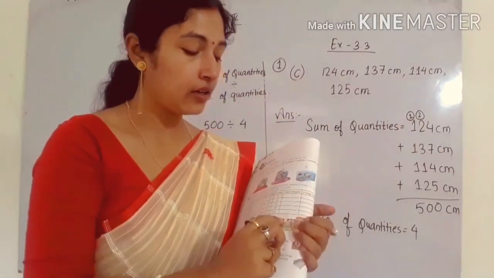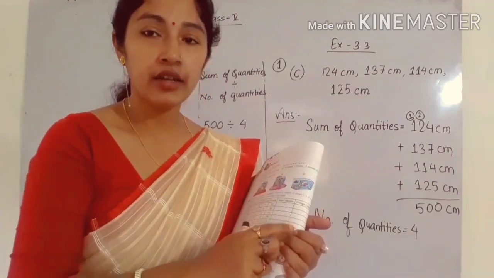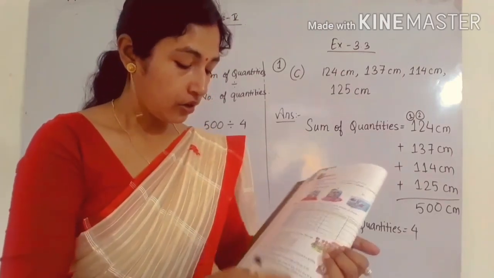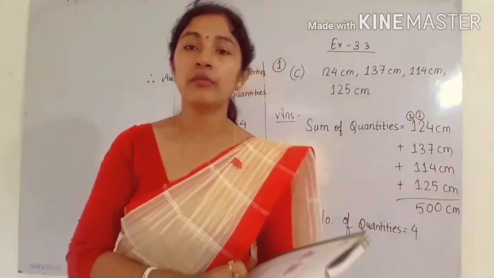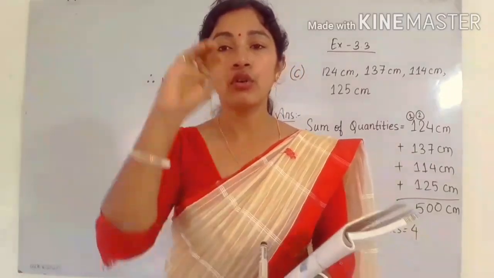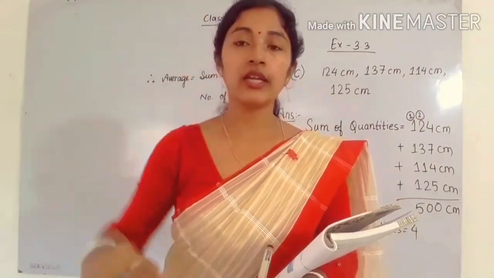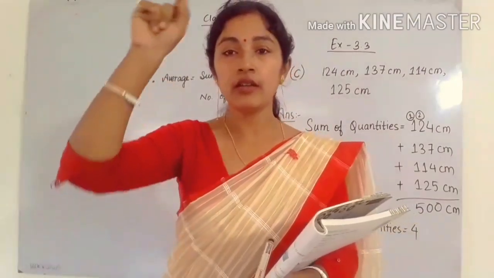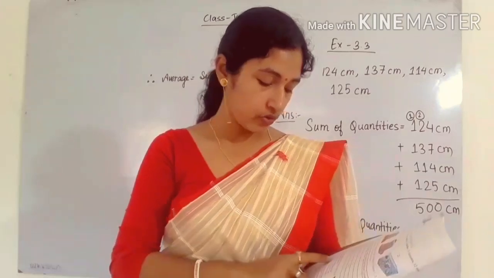Then you divide by 5, because you have to find the average for all 5 classes. So first add the total collection column, then divide it by 5.